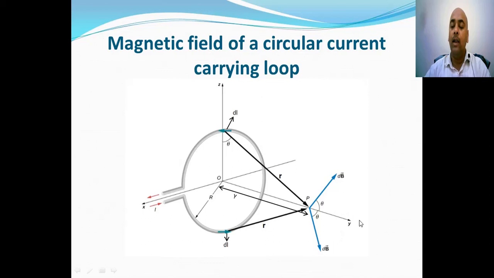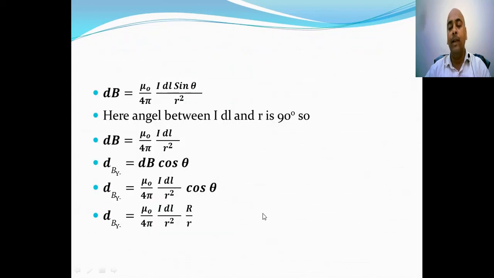So we are left only with the axial value of the magnetic field, that is, the value of the magnetic field in the y direction only, along the y-axis. So the magnetic field along the y-axis can be calculated as dB cos θ. The magnitude of dB was μ0/4π · I dl / r² · cos θ.